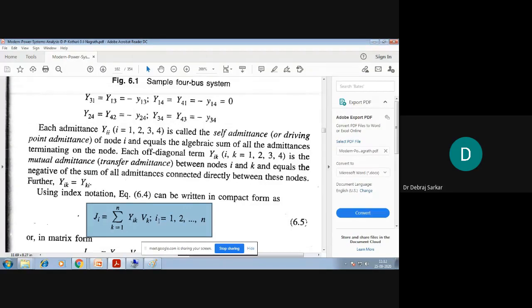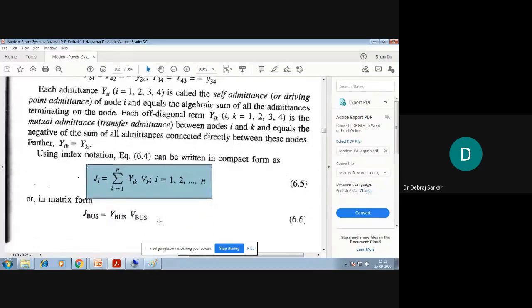Sania, can you understand this equation? J is the source current, right, sir? Yes, there is a source. So this is the current.